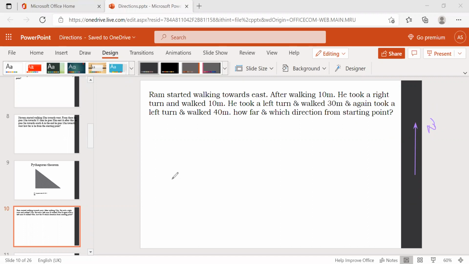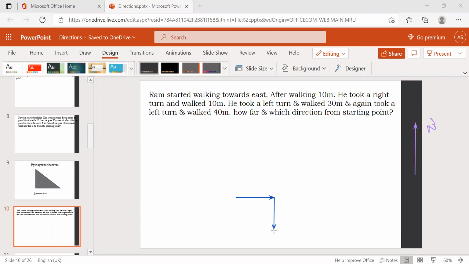Now, check here. What they're saying, first of all, Ram started walking towards east. This is east. How many meters? 10 meters he walked. After walking 10 meters, he took right. East to right is nothing but south. You should remember this, okay?